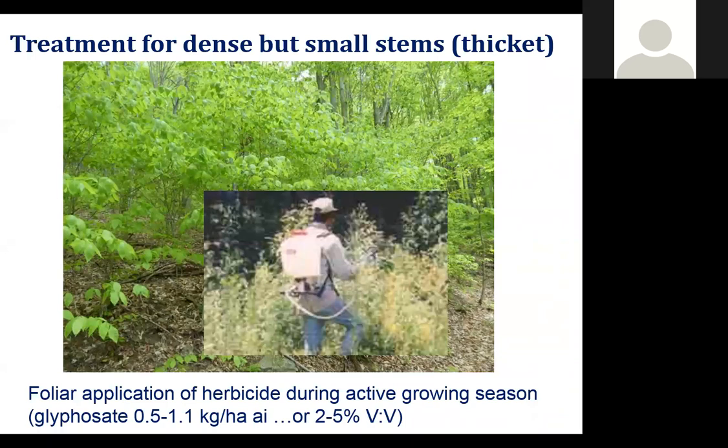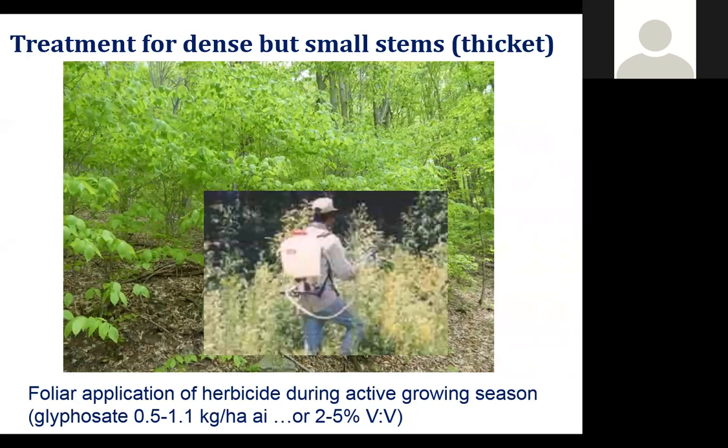Obviously, on a small scale, you could use a backpack sprayer. I do know a lot of landowners that also have mist blowers mounted on their ATVs, which would obviously reach taller heights if you have very small stems, so like less than 1 inch, but have reached a height that's somewhat over head height.